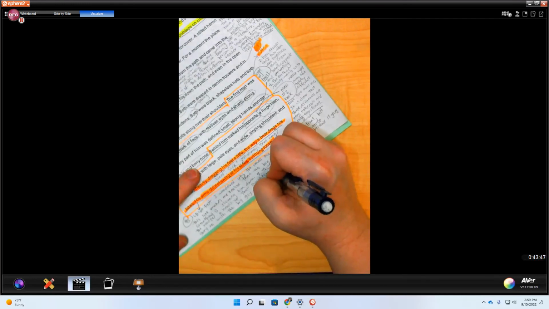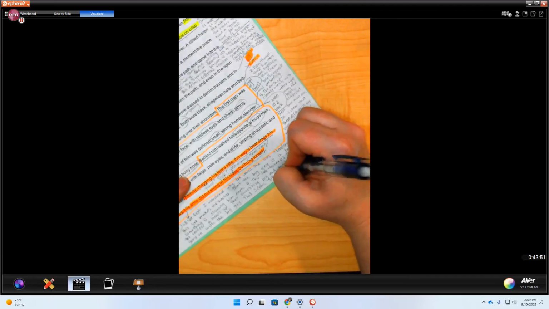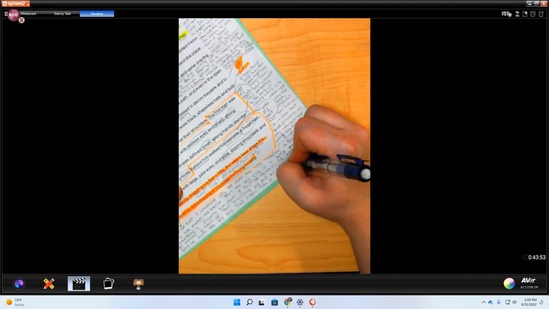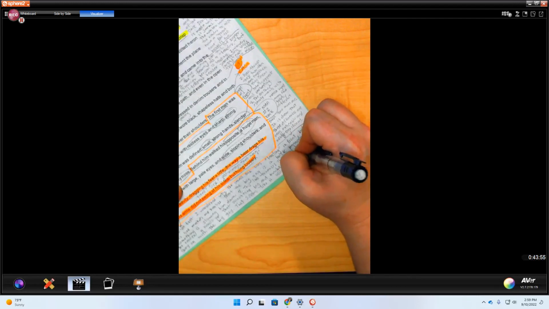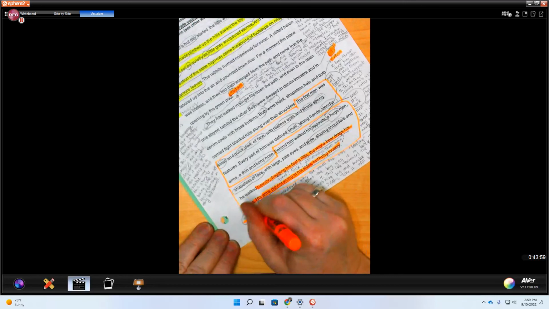That seems like it will be important. Okay, so that's my third annotation, my third other annotation.